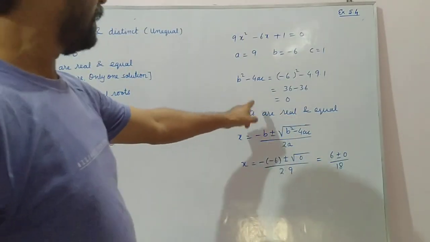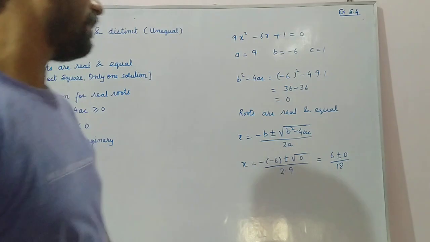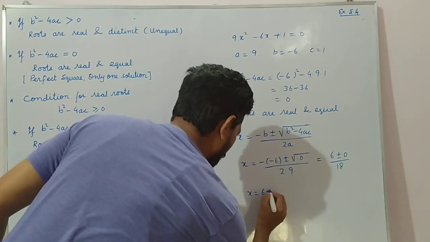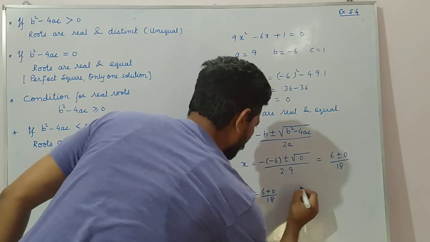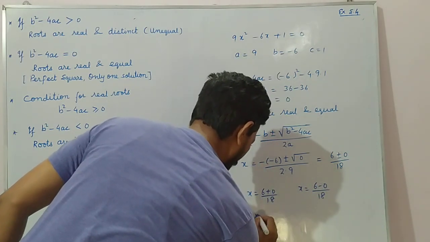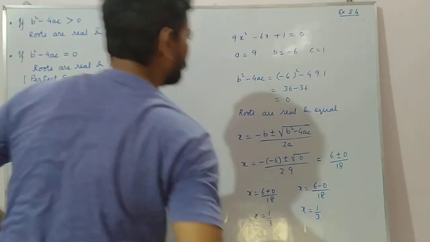Because we have already determined b square minus 4ac is 0, we are directly putting 0 here. So you will get x equal to 6 plus 0 by 18, x equal to 6 minus 0 by 18, x equal to 1 by 3, x equal to 1 by 3.